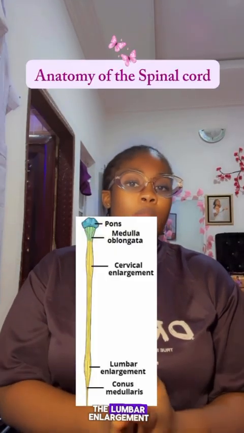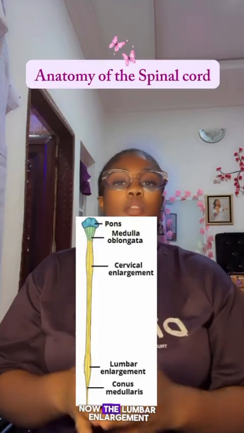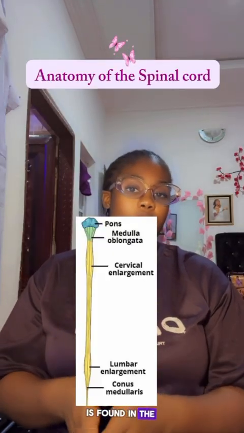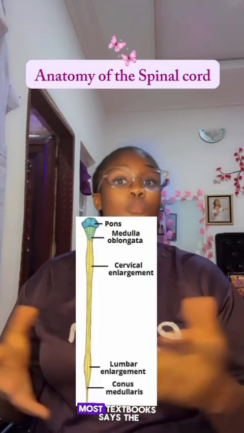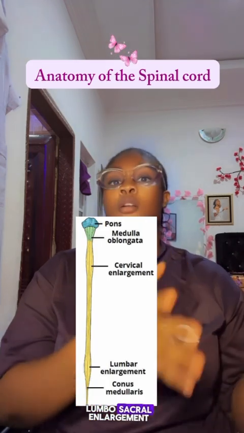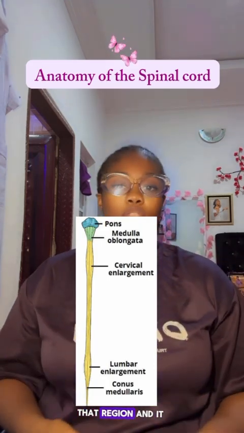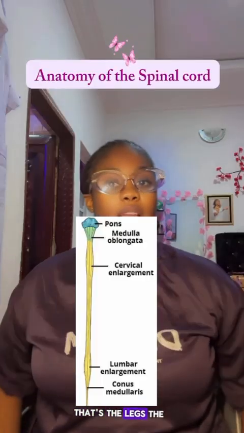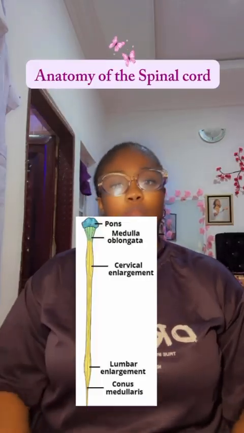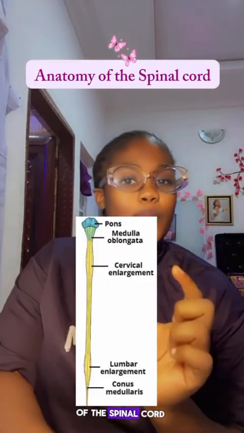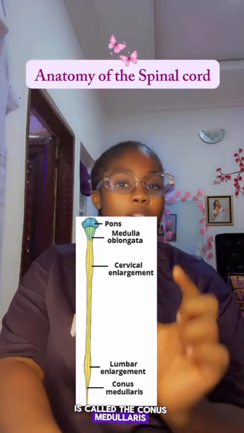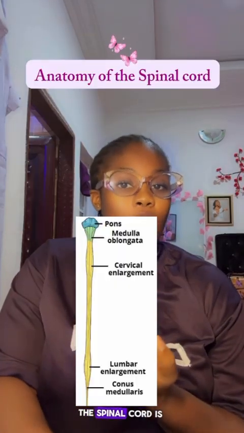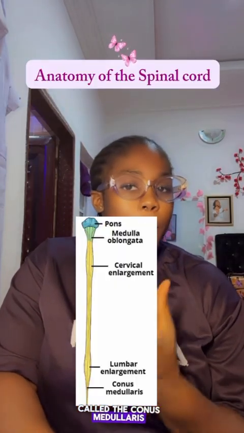Now the lumbar enlargement is found in the lumbar and sacral region. Most textbooks say the lumbosacral enlargement, and it supplies nerves to the lower limbs, that's the legs, the feet, etc. The terminal end of the spinal cord is called the conus medullaris.